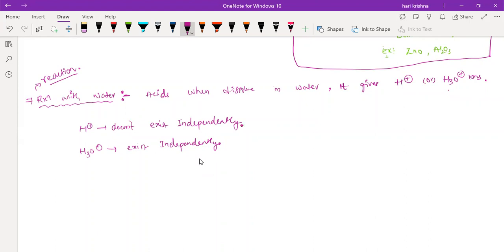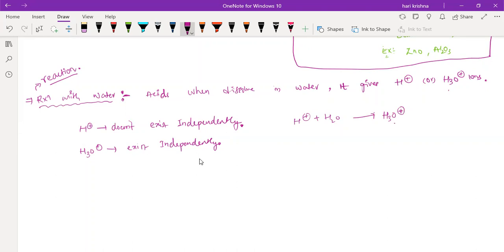It's not a neutral compound, because it has to combine with some other element, right? When H plus ion dissolves in the water, it will form the H3O plus. Now it will wait for some time to combine with other elements.